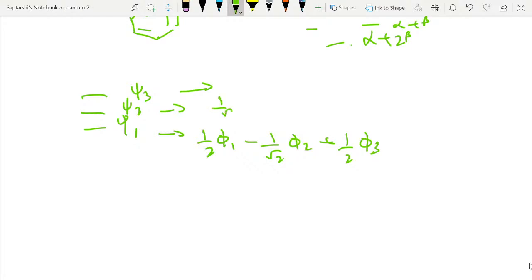Psi 2 will be 1 by root 2 of phi 1 minus 1 by root 2 of phi 3. Psi 3 will have minus signs.